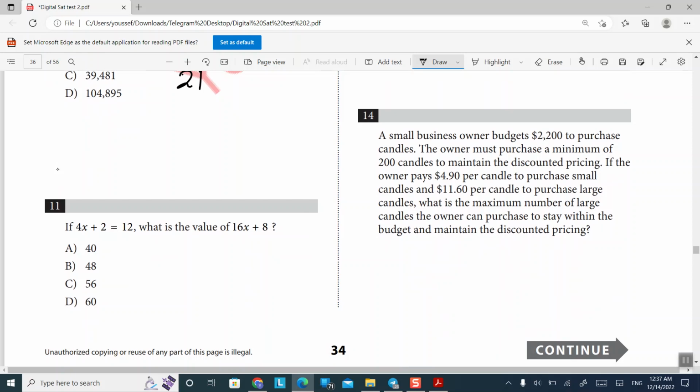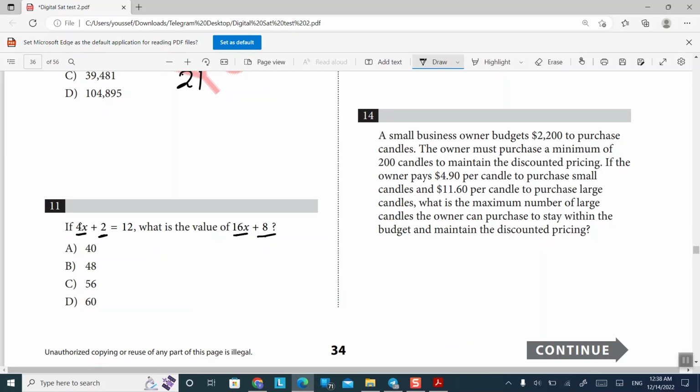4x plus 2 is equal to 12. What is the value of 16x plus 8? In such a question, actually, there is always a ratio between the given values, and in such questions, you will notice that there is a factor between them.